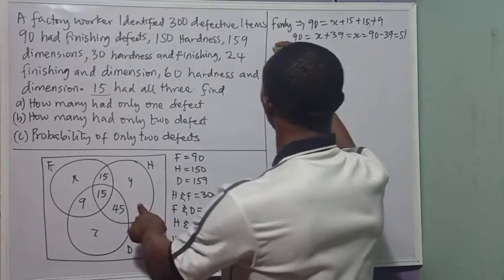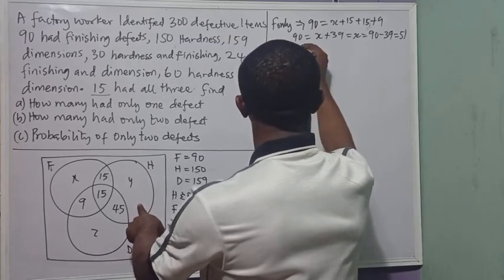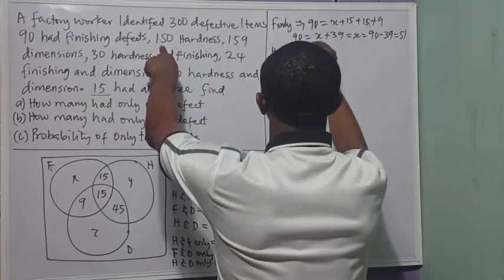Now for hardness only, H only, we have 150.